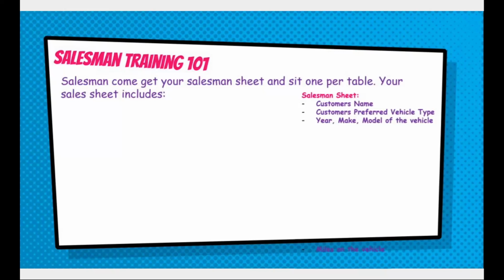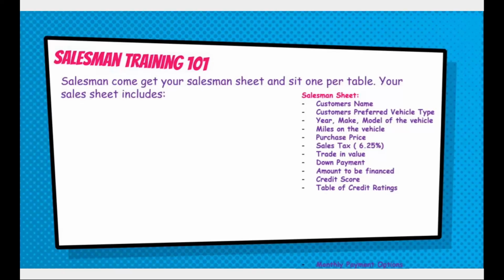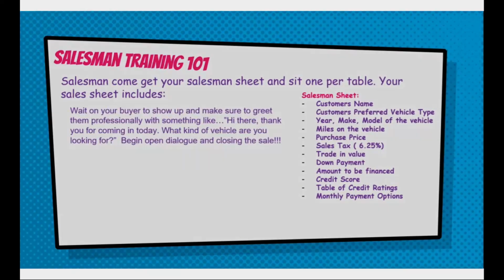So when they find one, they should already have a year, make, and model of this specific vehicle, along with the miles on the vehicle. And you're going to fill that in for the vehicle information with the purchase price, sales tax, trade-in value, down payment, amount to be financed, credit score, table of credit ratings, monthly payment options, and so on and so forth.